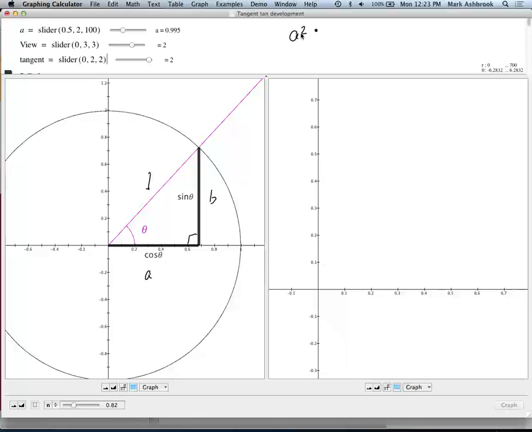So the Pythagorean theorem says a squared plus b squared equals c squared. Applying that here would be cosine theta, and this means square the result after you take the cosine of theta, plus sine theta squared equals 1 squared. Is that right? So in the right triangle, that hypotenuse is just side length 1.